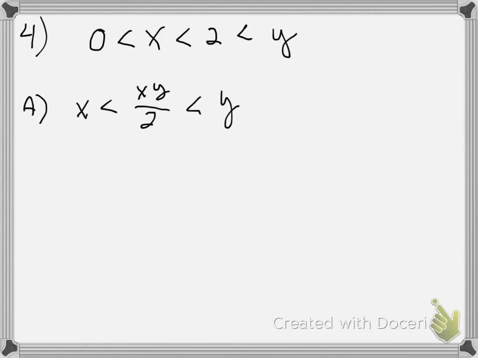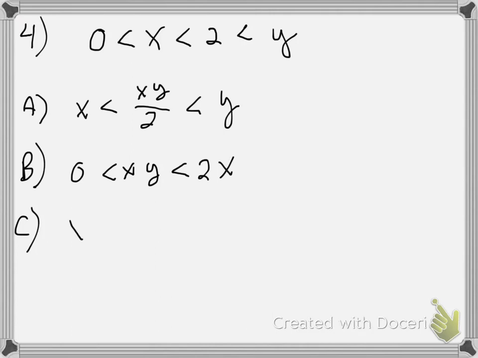Now, B is 0 is less than xy, which is less than 2x. Part C, x is less than xy, which is less than 2.